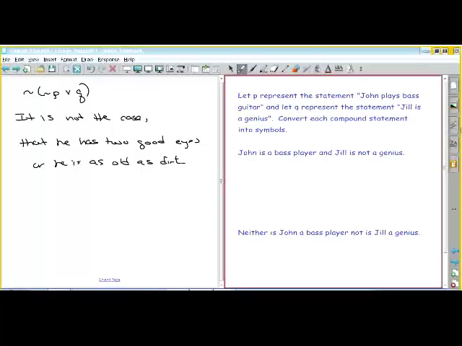We look up here, John plays the bass guitar. They're slightly different words, but they're the same. So we're going to put that as P. That's just statement P. We use the upside down V to represent the word and. Jill is not a genius. Compared to the original statement, Jill is a genius, so Jill is not a genius is the negation of statement Q. So that is the symbolic form of that written statement.